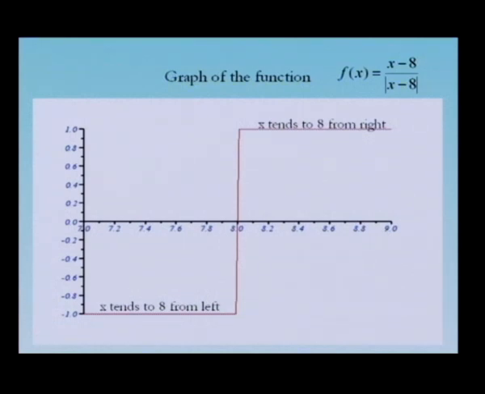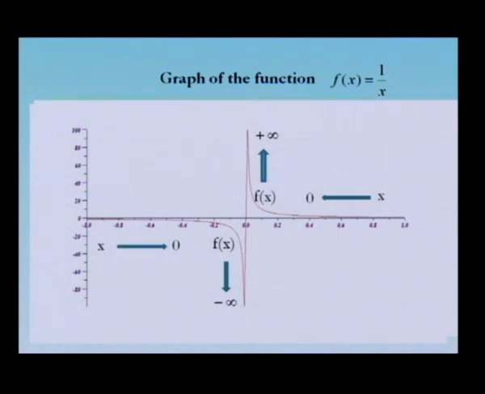So when x crosses 8, the function has a jump. The function does not have a unique value when x reaches towards 8, and that means f(x) has no limit at the point 8.